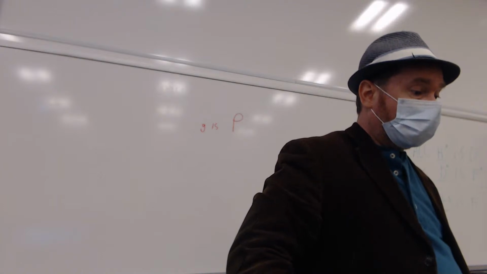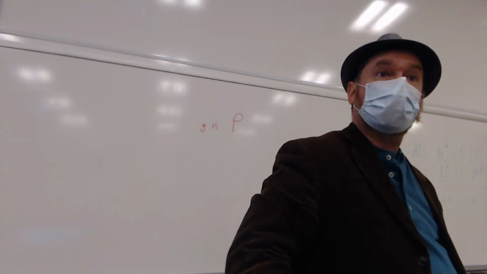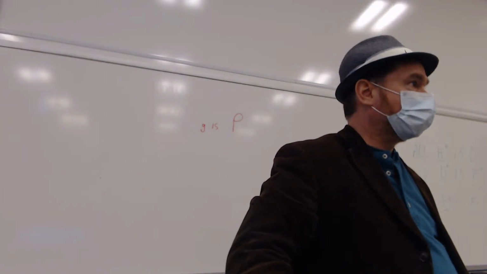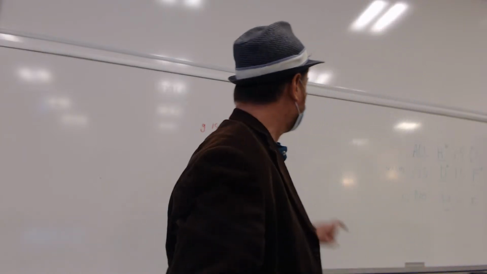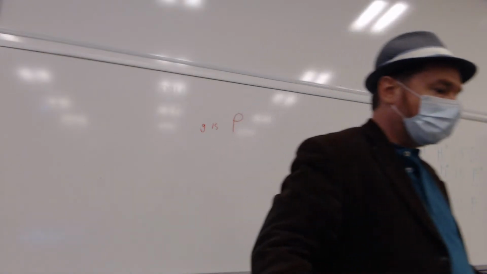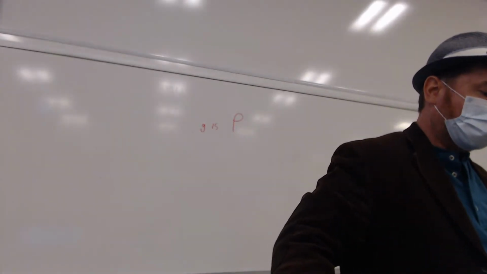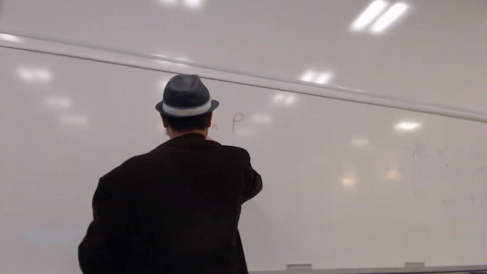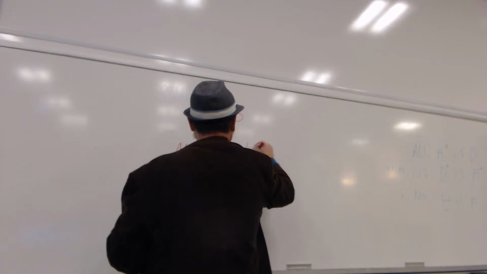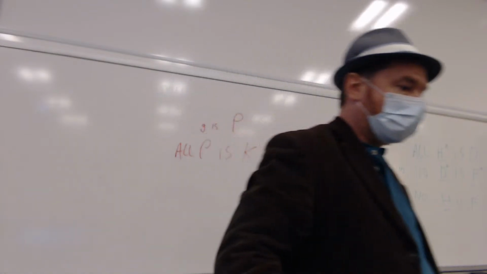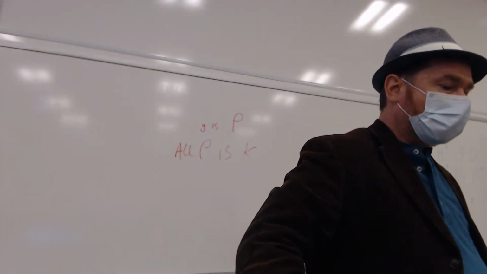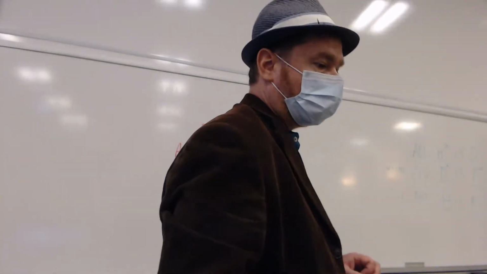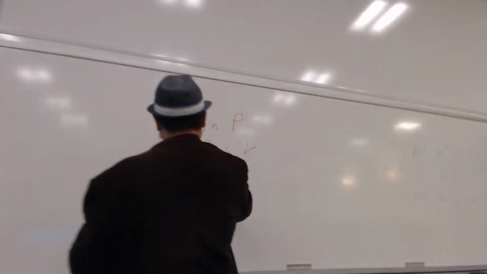Now, it might be unclear whether there can be more than one perfect being, but in the sentence, since we use the indefinite article a, this indicates that this is a category using a capital letter, not a lowercase. So God is a perfect being. All perfect beings know everything. All P is K. All capital P is capital K. All beings that know everything are influenced by everything. All K is capital I.